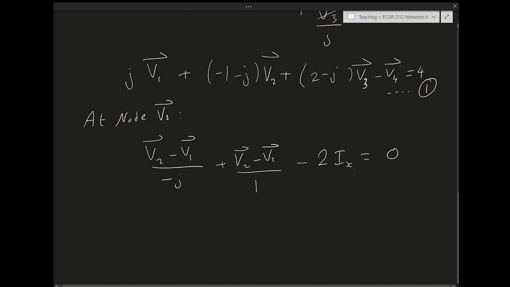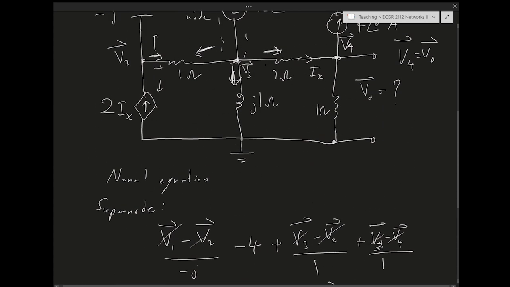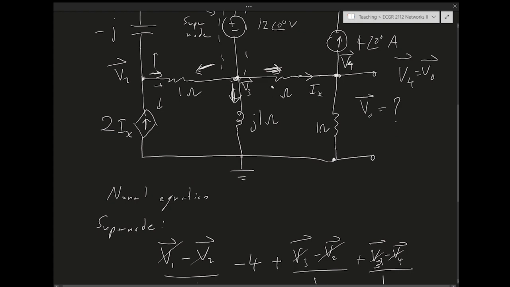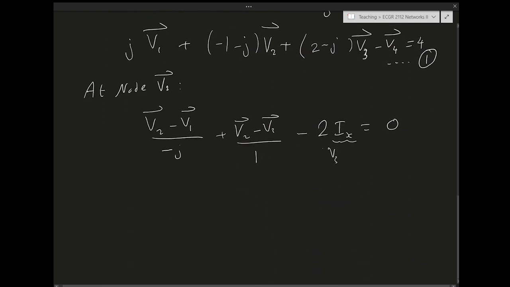Now Ix is equal to what? Ix is this current, so that's equal to V3 minus V4 over 1.